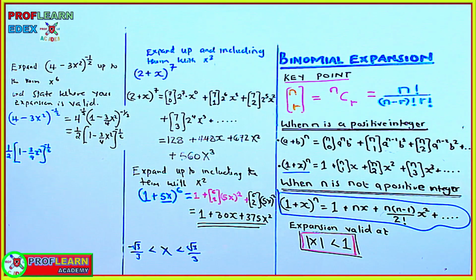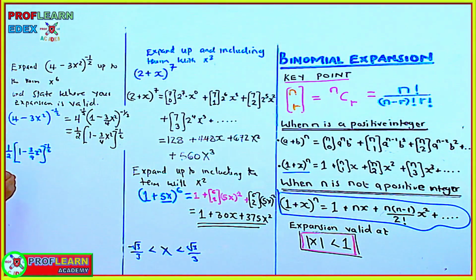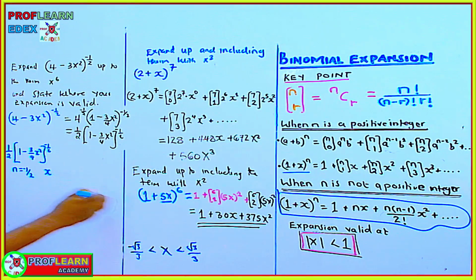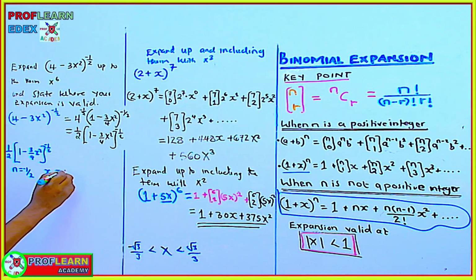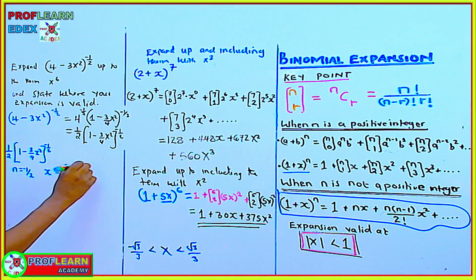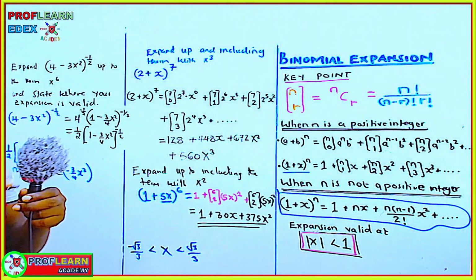Whenever we are performing this binomial expansion, we identify what our n is. Our n is equal to -1/2, and our x that we shall be substituting is -3/4 x squared.